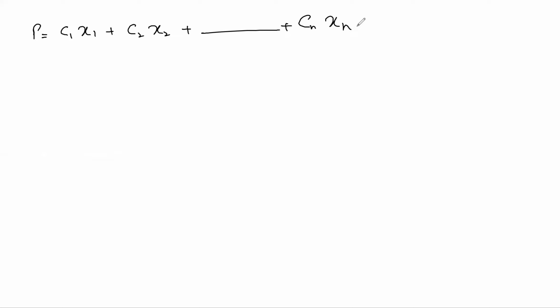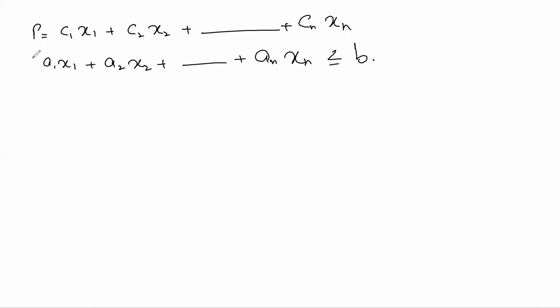If we have n variables, no problem, subject to the following constraints, let's say a1 x1 plus a2 x2 up till an xn less than or equal to b.